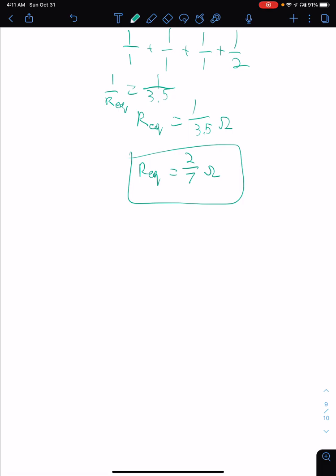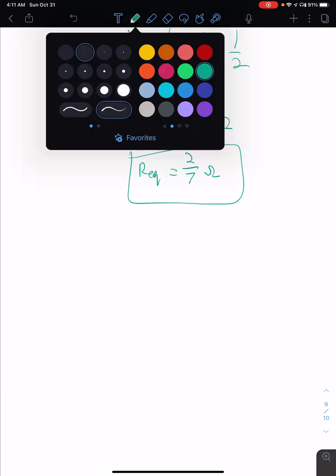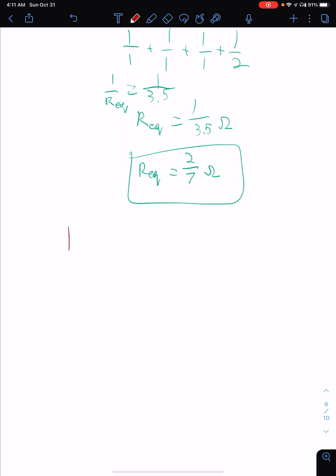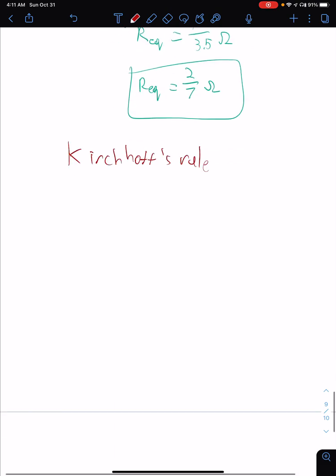Kirchhoff's rule is a fun one. So there are two Kirchhoff's rules. Kirchhoff's rule 1 is your current law, and then your voltage law, KVL. I forgot the acronym.